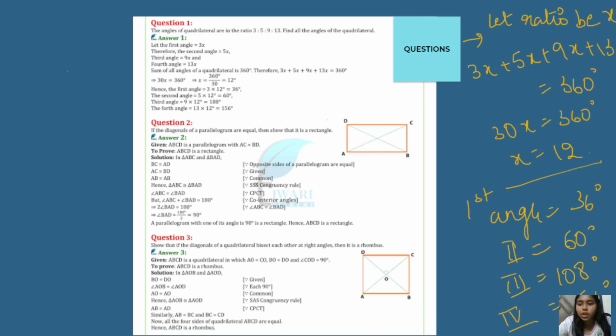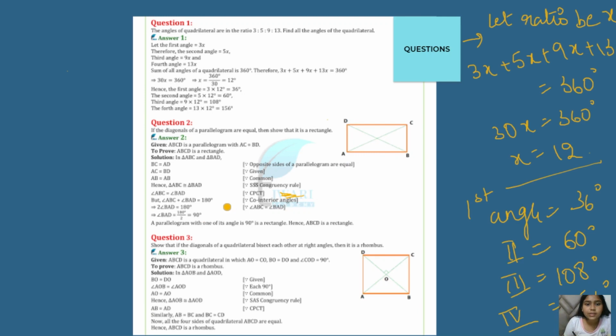So by this all the sides become equal to each other. Since all the sides are equal, by the SSS congruency rule we can say that triangle ABD is congruent to triangle BAC.